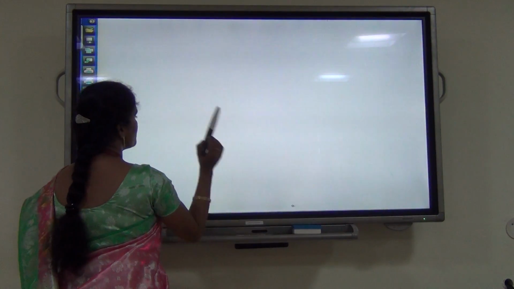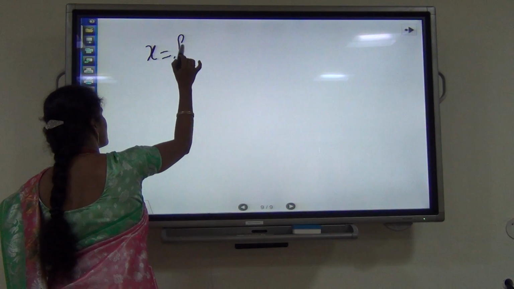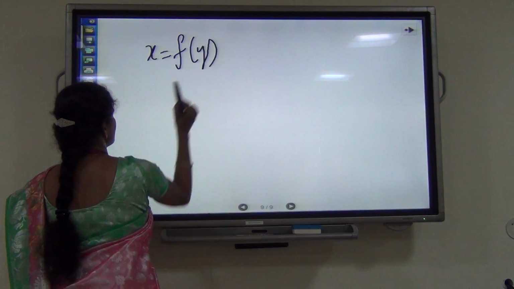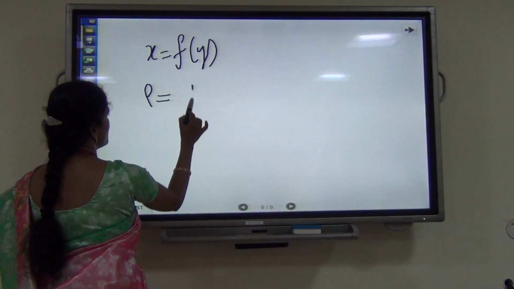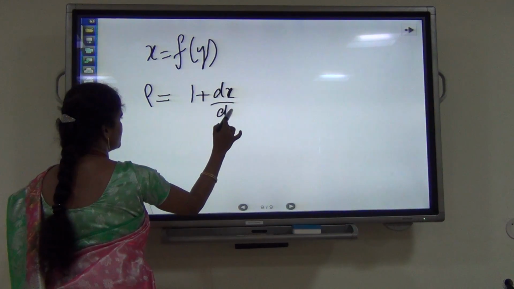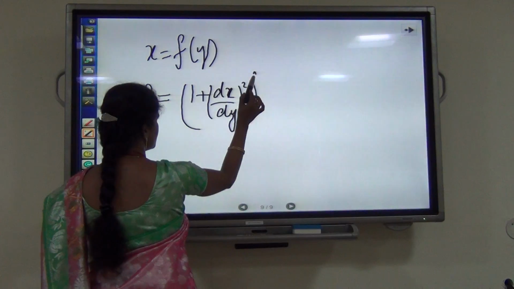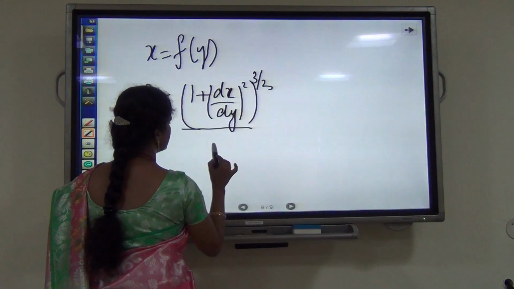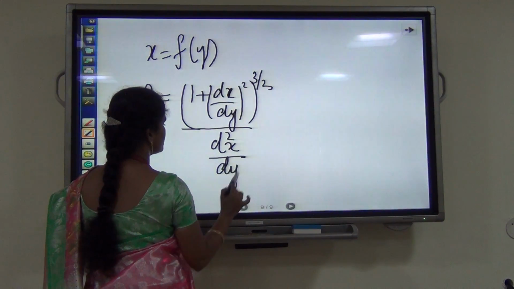If my curve is represented in the form x is equal to f of y, then what will be the cases? Radius of curvature can be defined in the form 1 plus (dx by dy) whole squared, to the power 3 by 2, by d square x by dy square.